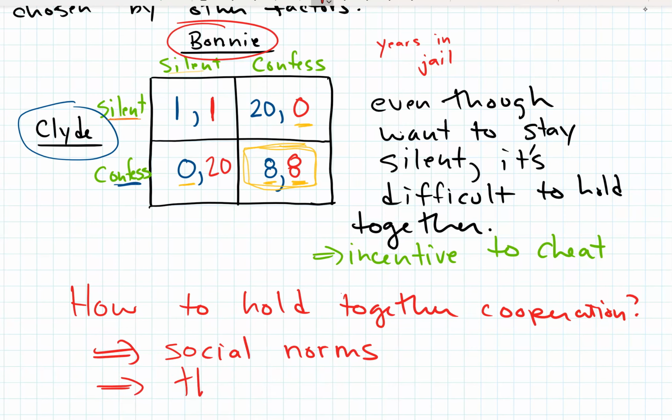And there are also going to be threats, threats of violence. In many cases, that's the number one way criminal organizations keep people silent when they're faced with these kinds of payoffs, and sometimes it has to be threats of violence against family members or other things. So one of the reasons criminal organizations would use violence is to try to achieve this cooperating equilibrium of silent.